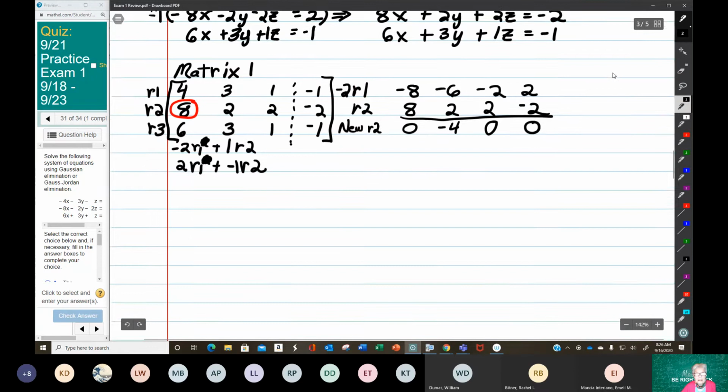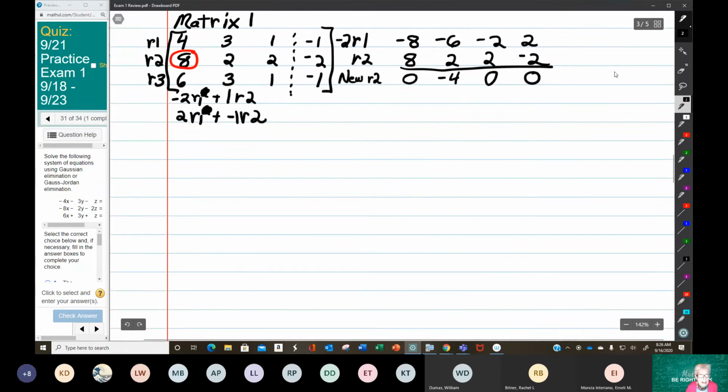So I come down here and I write matrix number 2. Why? Because this is the way Gauss did it. And when you use an organized method, you can actually move faster than if you try to use your own. Row 1, row 2, row 3, I'm going to have 0, -4, 0, and 0.